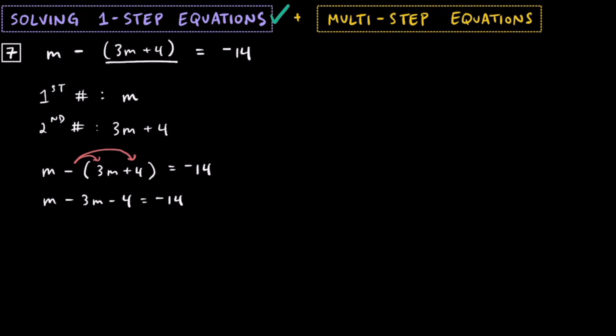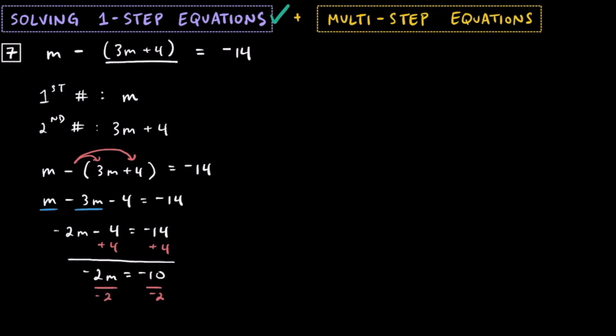And if we combine these like terms, we have 1m take away 3m, that's going to be negative 2m minus 4 equals negative 14. And if we add 4 and add 4, we're going to get here that negative 2m is equal to negative 10. And then dividing by negative 2 and divide by negative 2, we find out that m is equal to 5.